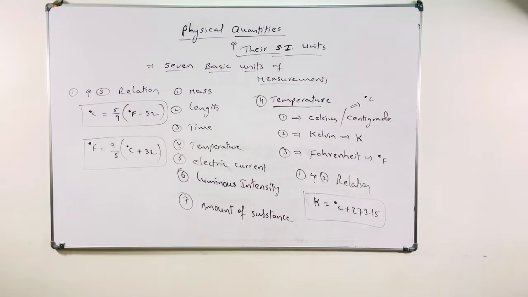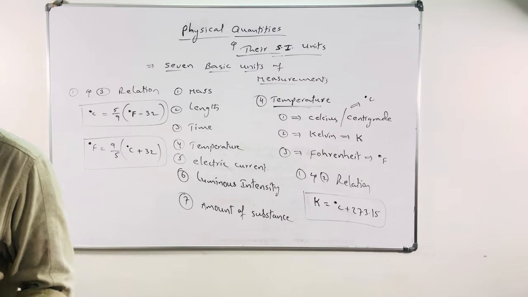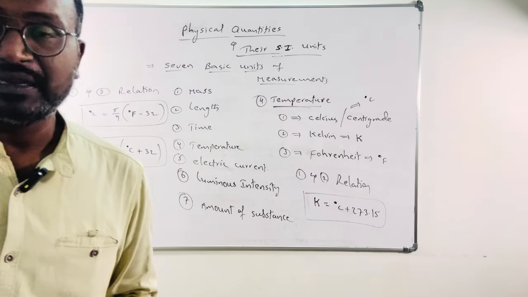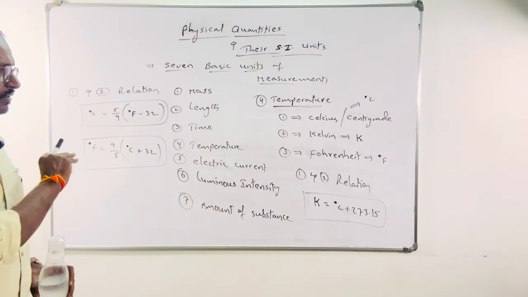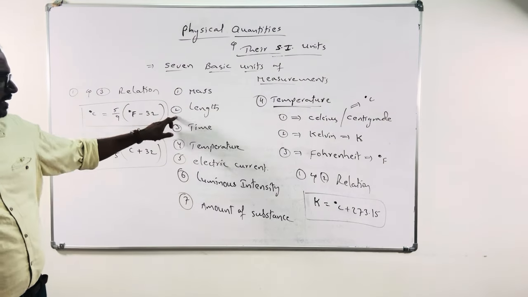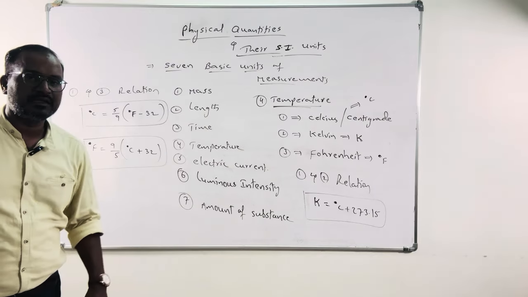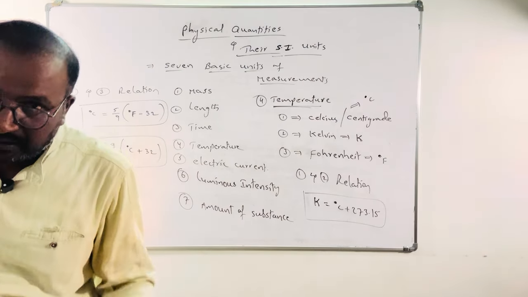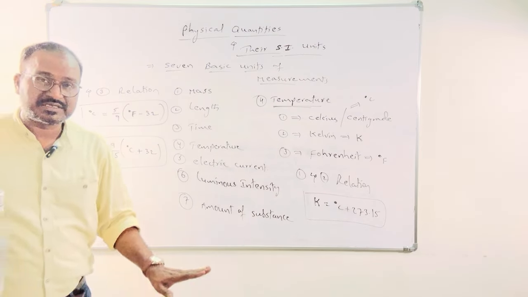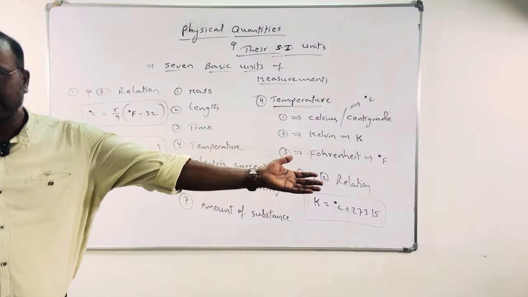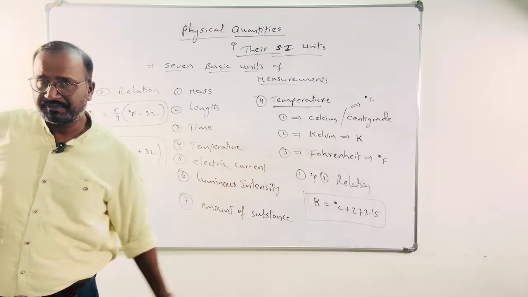Now these are basic units. Next, let's go for derived units in the next video. These basic units we have completed: mass, length, time and temperature. The remaining three are not required right now in basic chemistry; they will come in physics, and further in the coming topics.